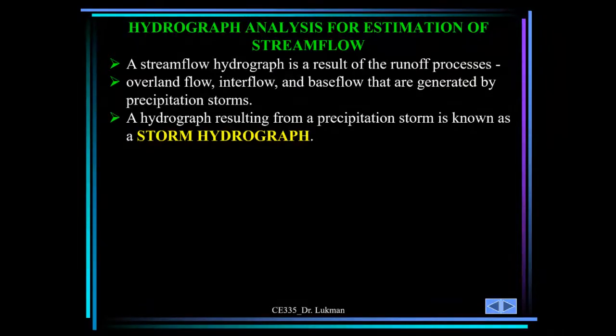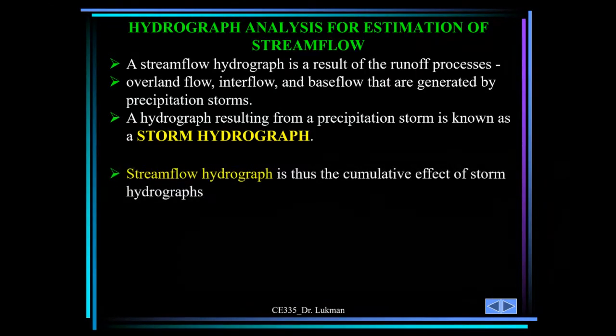The hydrograph resulting from a precipitation storm is known as a storm hydrograph. And the stream flow hydrograph is thus the cumulative effect of storm hydrographs, because the stream collects the water that resulted from precipitation over time. The land, depending on the topography, transports the water as surface runoff and it ends in the stream.